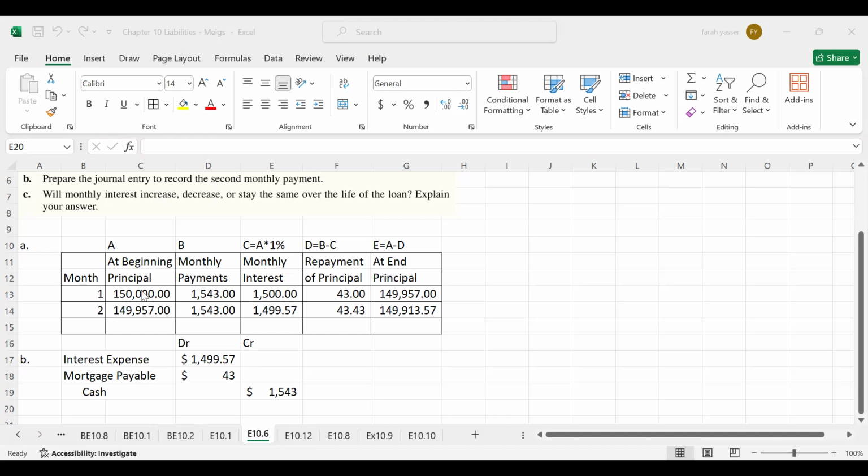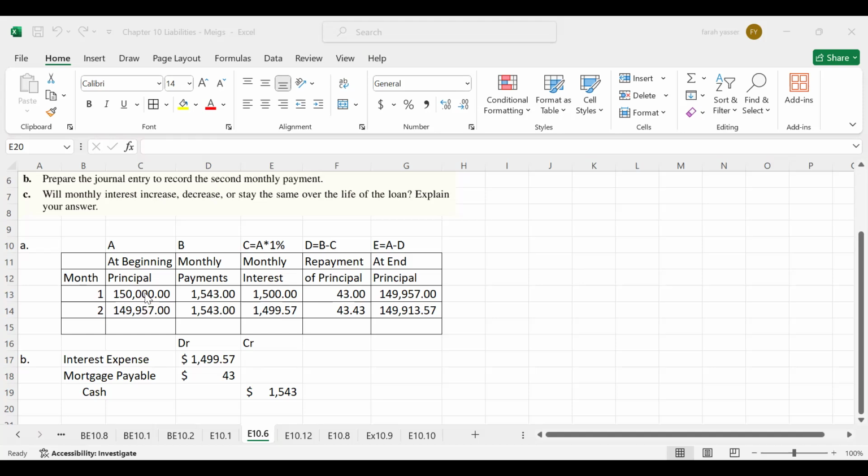You can see in the first month, the unpaid amount of the loan was 150,000, whereas in the second month the unpaid amount was 149,957, because the $43 is the repayment of the principal.